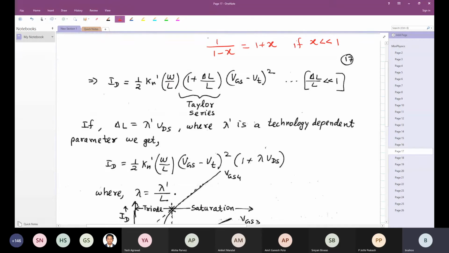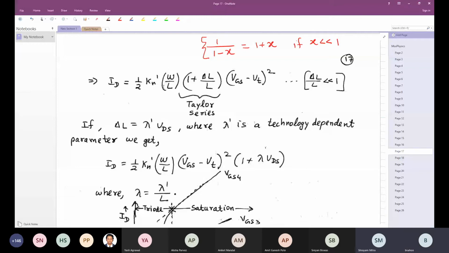Sir, if L decreases, why does current increase? If L decreases, the current will increase, because L is in the denominator. But suppose the current is actually going from source to drain, the actual geometric distance is still the same.